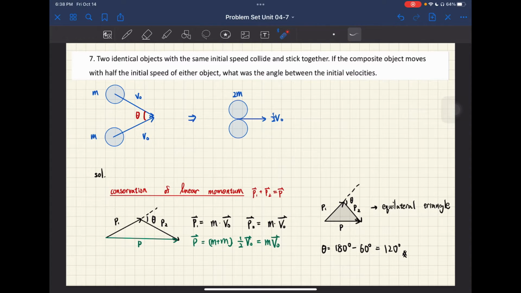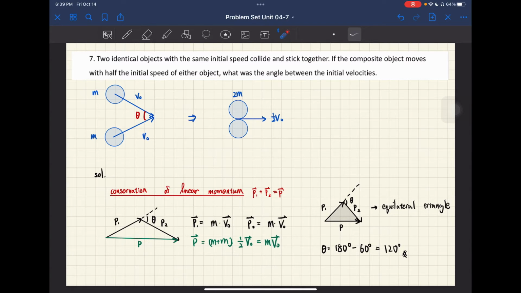So here we first draw the picture, and these are the two identical objects. We assume the initial speed is v0, and because the question tells us they are the same, we assume both are v0. Because the two objects are identical, we say the mass is m, and we say the angle of the initial speeds is theta.